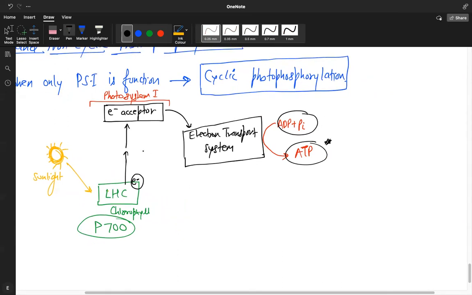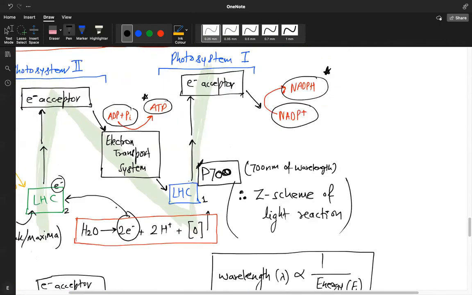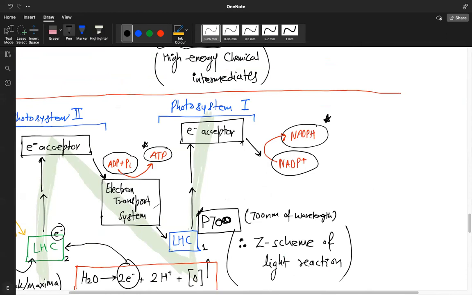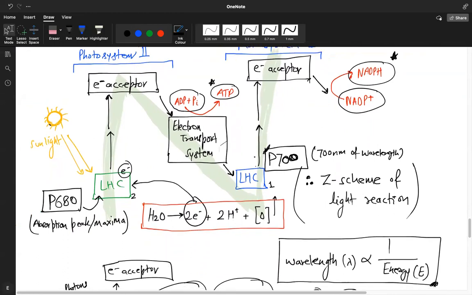And what will happen to the electron? Is the electron getting used in making ATP? Tell me. Was the electron getting used up here in making ATP? No, right? It was still passing on.